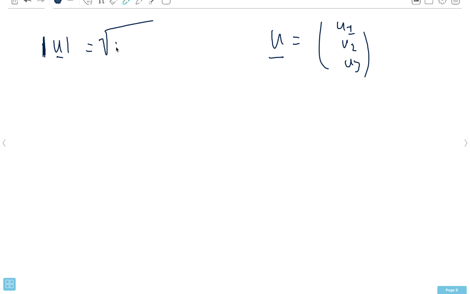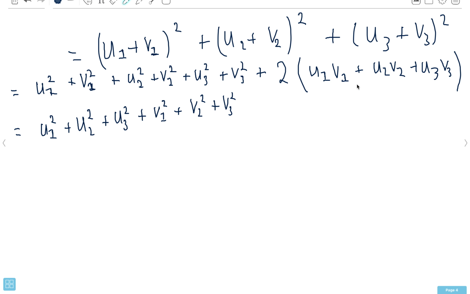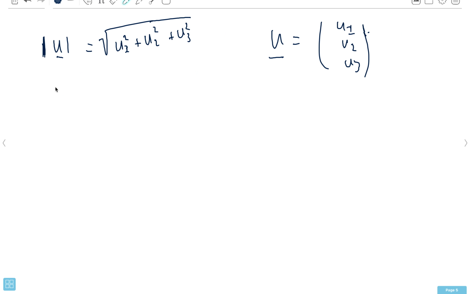If you remember from a couple videos ago, if I take the length of u, and u is u1, u2, u3, then the length of u is just the square root of u1 squared plus u2 squared plus u3 squared. So if you look back, we have u1 squared, u2 squared, and u3 squared. So this is just mod u squared.